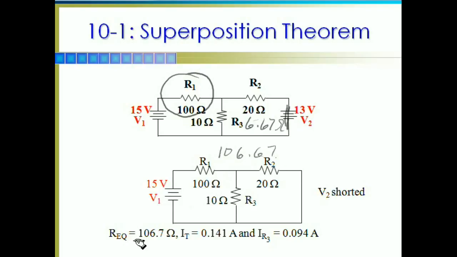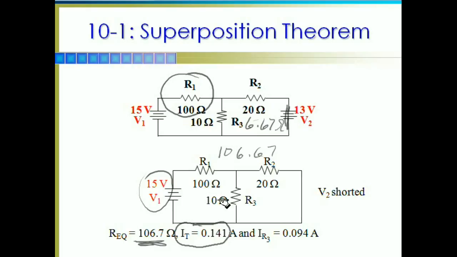Of course, they say 106.7 because they round up a little bit more than I do. So 106.67 equivalent resistance with a 15 volt source. If we do the math, what we're going to find is our total current is 1.41 amps.